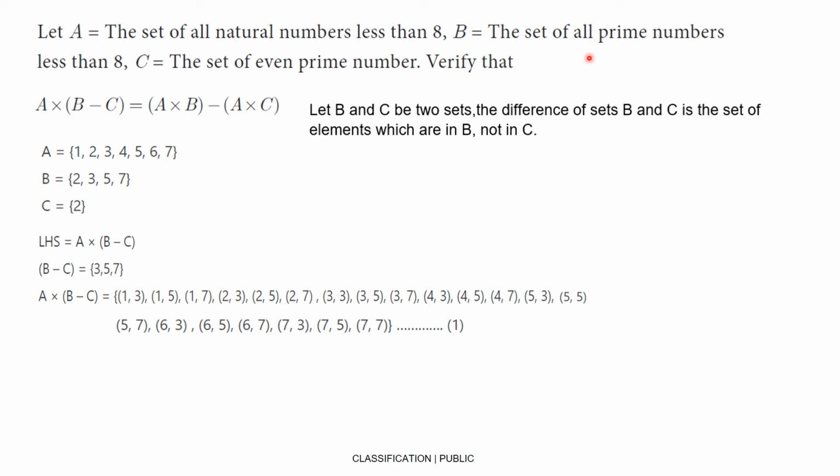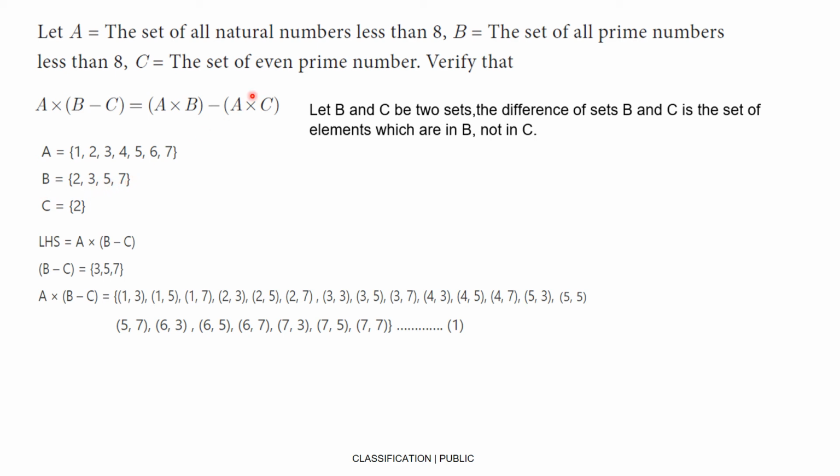If you take 2, 1 is the factor and also that number, 1 into 2, no other factors. So 1 is not a prime nor a composite number. 2 is 1 into 2, and 3 is 1 into 3, but 4 is not a prime number, it is a composite number, because 1 into 4, 2 into 2, more than 2 factors. And 5. Okay, 6 composite number, and 7. So therefore B equal to {2, 3, 5, 7}.